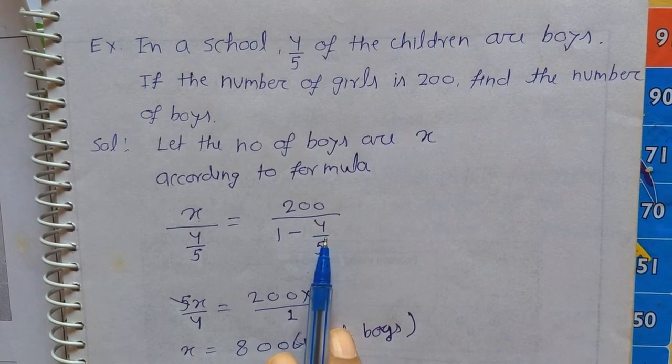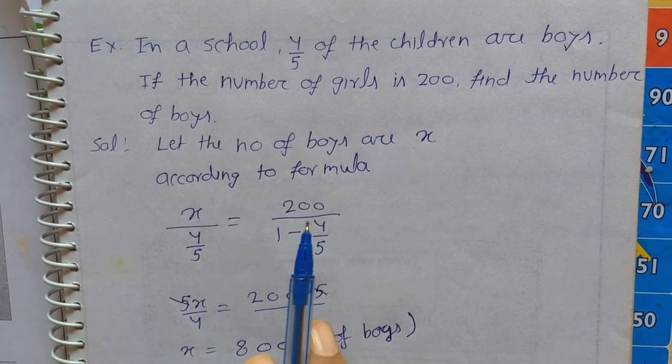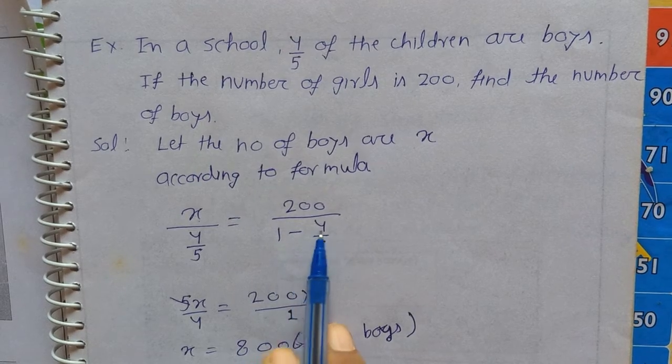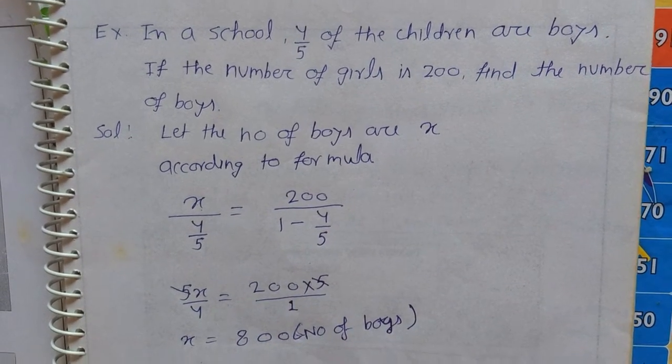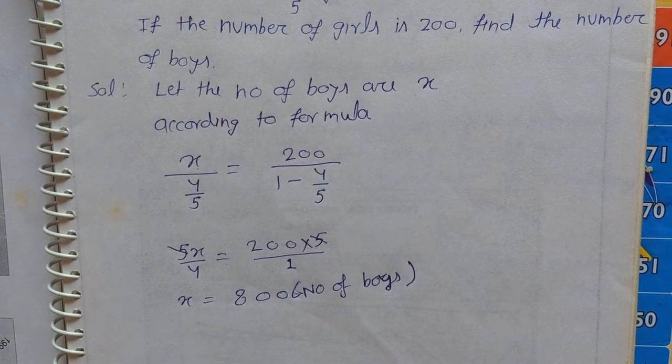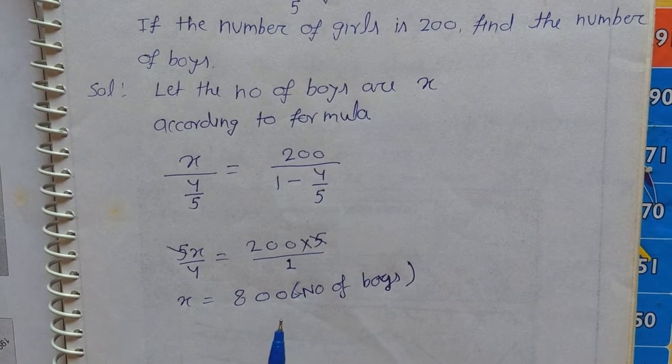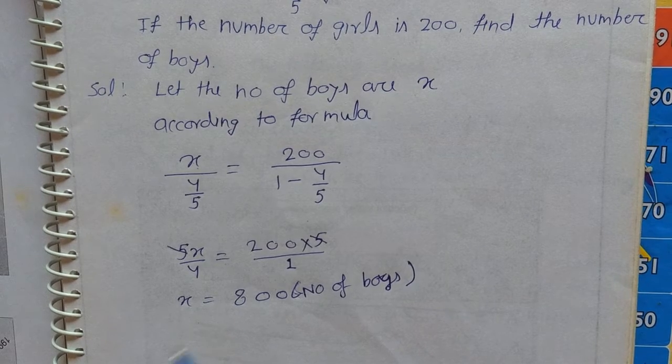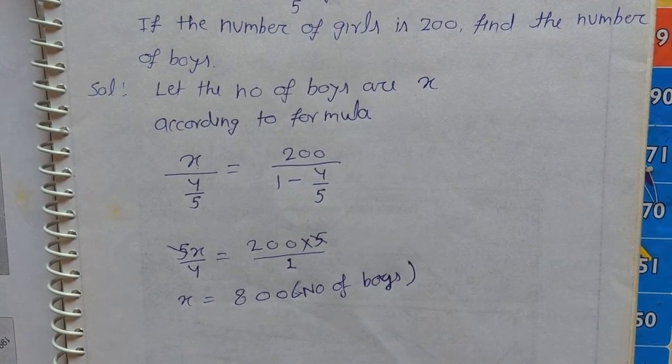If we subtract the part of boys from 1, we get the part of the girls. After solving this expression, we find that x equals 800, that is the number of boys. So by using this rule, we can solve these types of numerical problems.